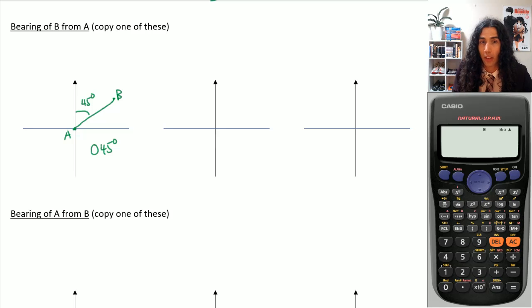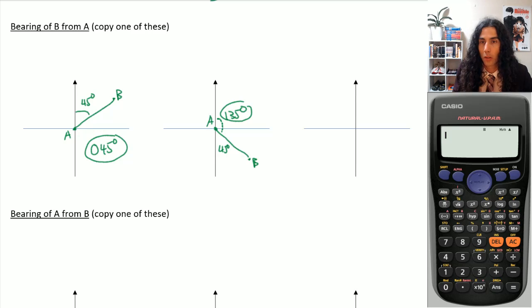If we have another example here, we'll put A here, and we'll put B down here. And we'll say, this time we'll call it 45 that way. What's the bearing of B from A? Well, what we need is this angle from the north down to B. 135 is our answer there.